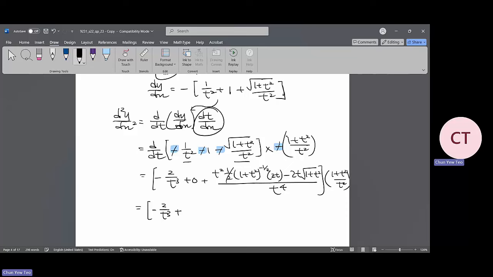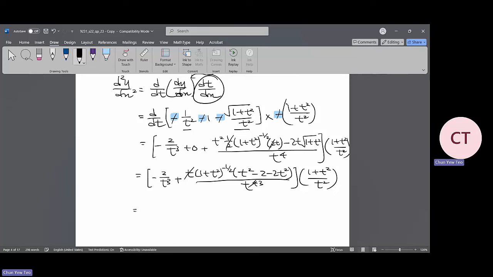This one can cancel. We factorize the t, 1 plus t squared power negative half out. Then inside here will remain as t squared minus 2 minus 2t squared, divided by t to the power of 4. This is 1 plus t squared over t squared. This one can cancel, becoming t cubed.